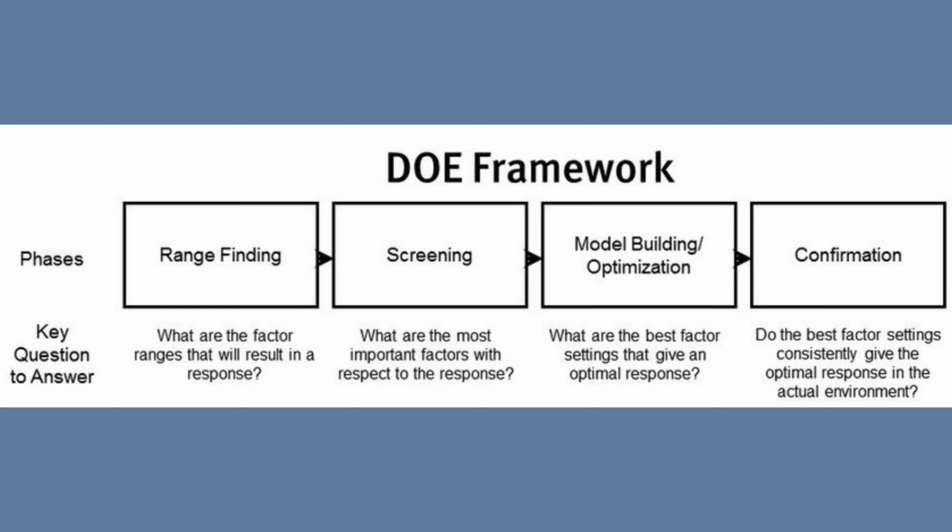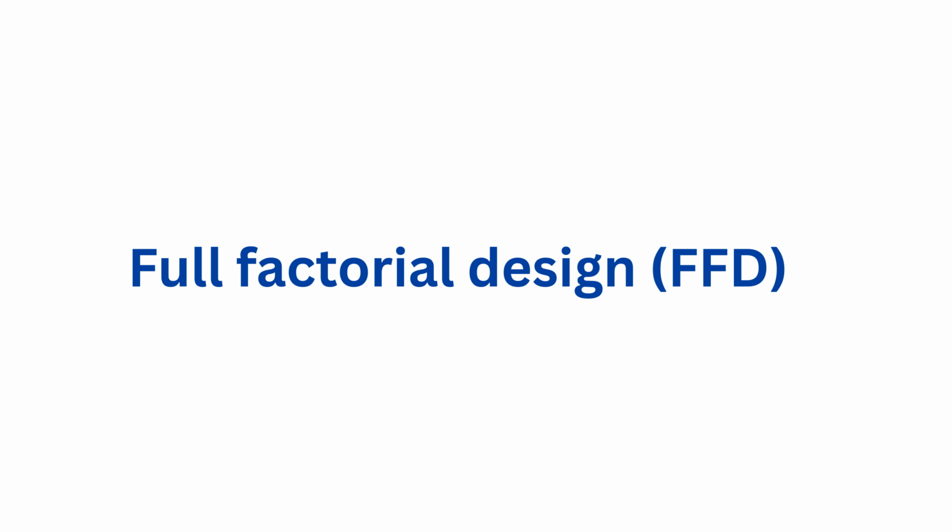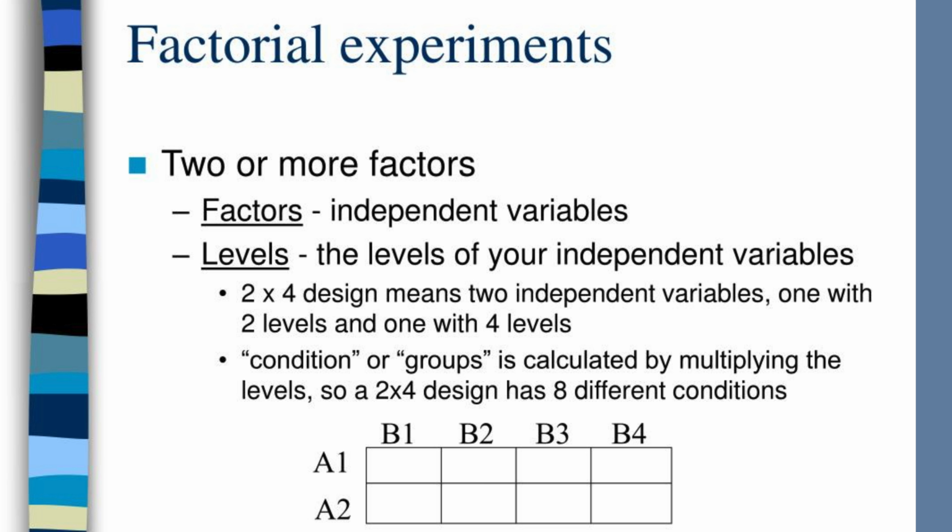To examine the impact of several factors and interactions among them on the response quantity, experiments need to be performed systematically using factorial experiments, so-called factorial experimental designs, where several factors are altered during each experimental run.